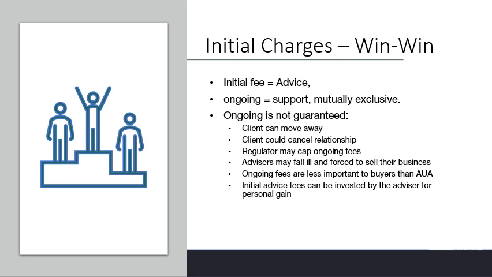Initial advice fees can be invested by the advisor for personal gain, and this is key to this. If an advisor charges just a little bit more for the advice, not only do they get the money now, but they can put that into their pension now and benefit from that growth, just as the client is. And we've already demonstrated that's not a disadvantage to the client against higher ongoing fees, it's actually an advantage.